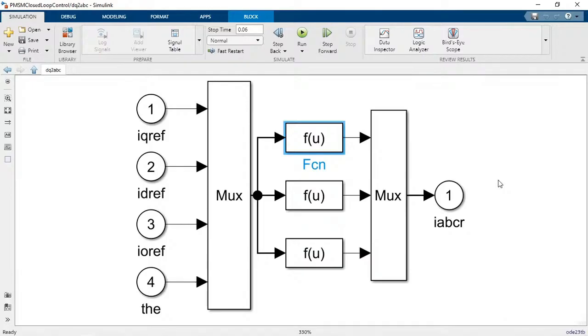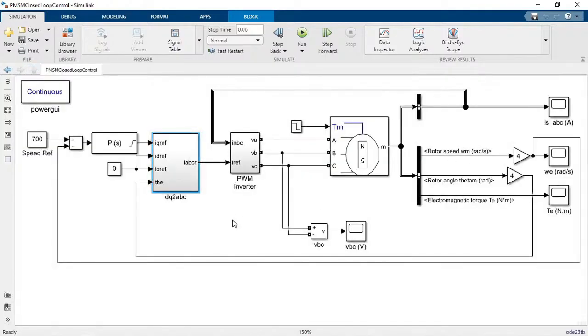Similarly, C phase is again a 240 degree phase displacement from the A phase. So the three phases will be 120 electrical degrees apart. This is the reference for the current generator.